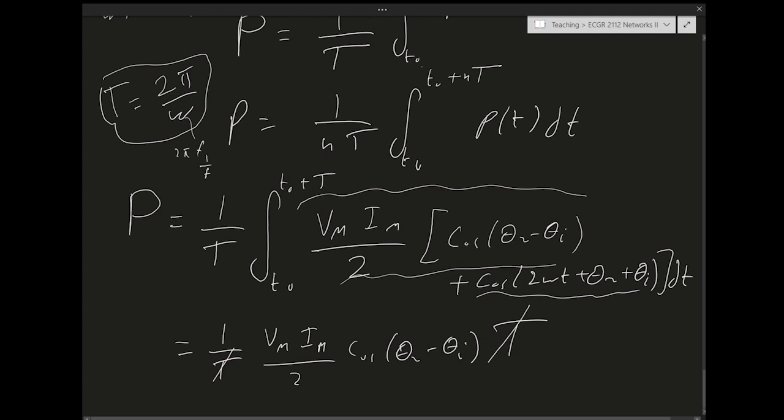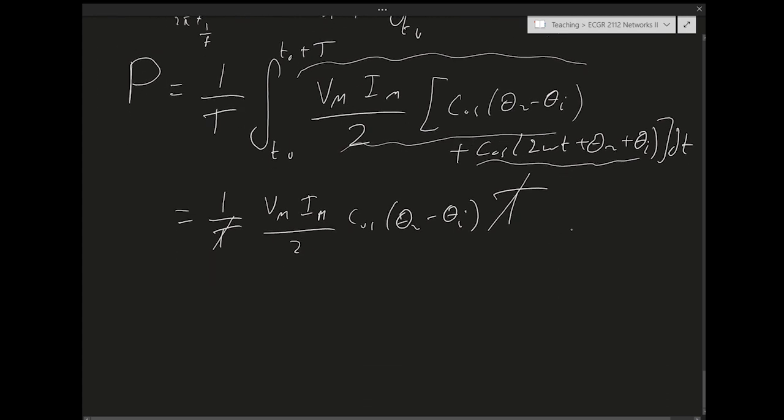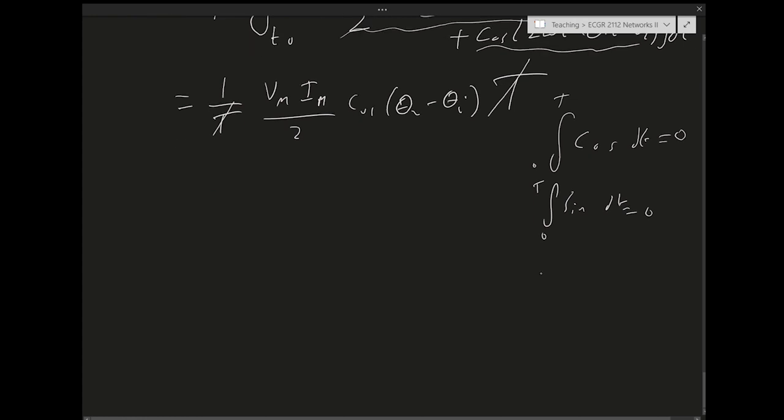A basic property of any cosine or sine function is that if you integrate them over one period or multiple periods, the integration is 0, right? Because the area under a cosine function or a sine function is 0, because you have equal amounts of positive area and negative area.